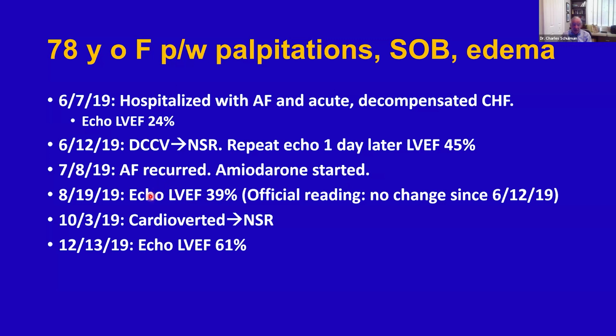An ejection fraction, still in AFib, was basically the same. In October of that year, after being fully loaded with amiodarone, patient was cardioverted to sinus rhythm, in which she remained for the next 2 months, and her echo then showed an ejection fraction of 61%. So this is tachycardia-induced cardiomyopathy.